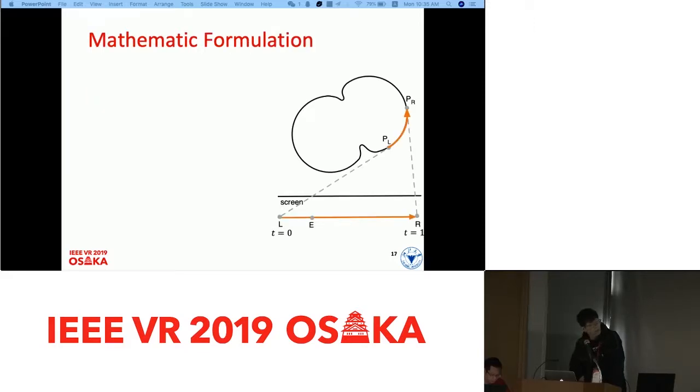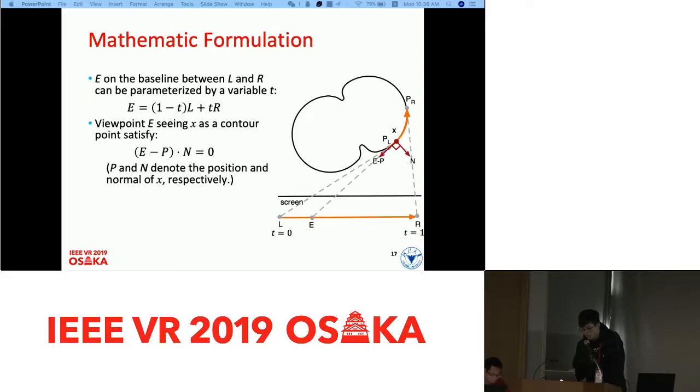I will explain the corollary we derive for the epipolar-slidability in the following slides, but first, let me introduce some necessary mathematical formulations. The viewpoint E between L and R can be parameterized by a variable t. Based on the definition of contours, we can derive a function of t with respect to the position p and normal n of the surface point x on the epipolar curve.